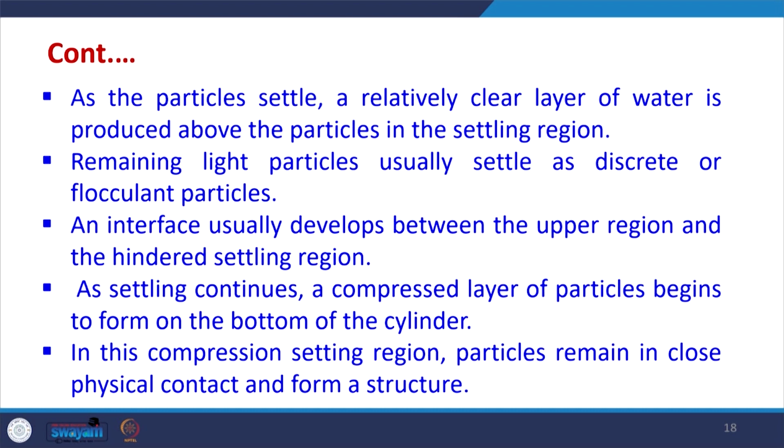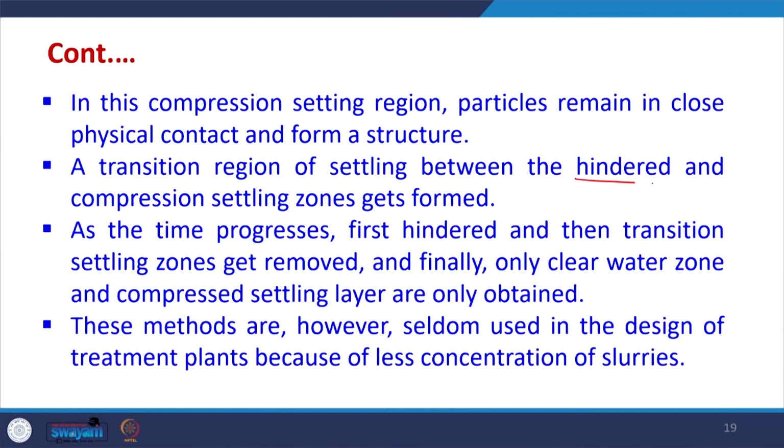As the settling continues, a compressed layer of particles begins to form at the bottom of the cylinder or column, and in this compression settling zone particles remain in very close physical contact and form a structure. A transition region of settling forms between the hindered settling and the compression settling zones.